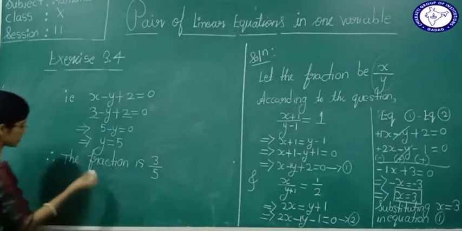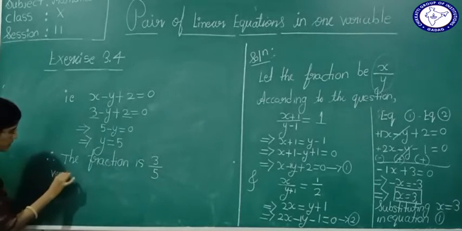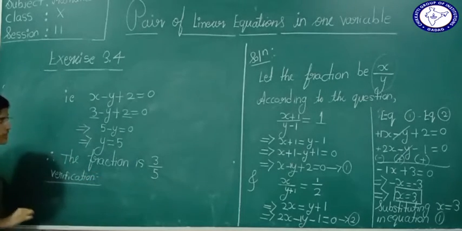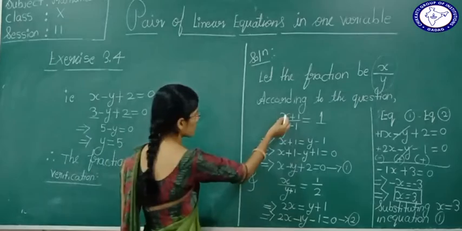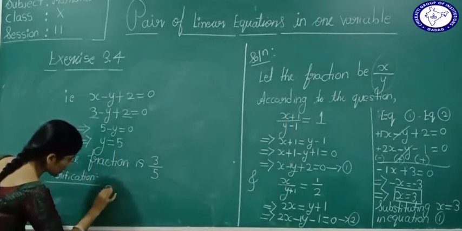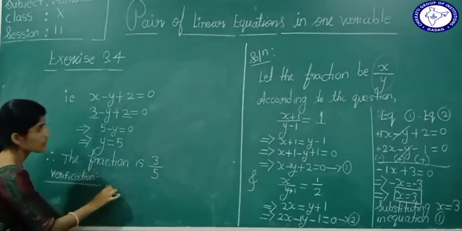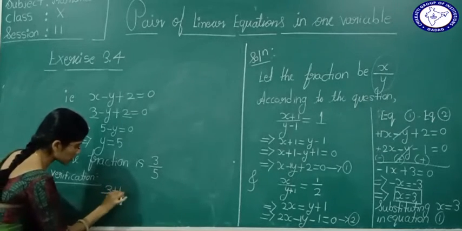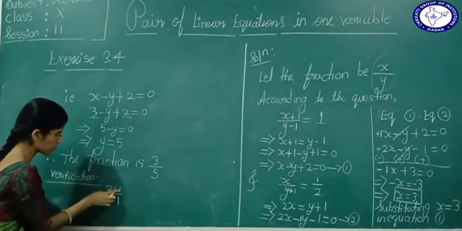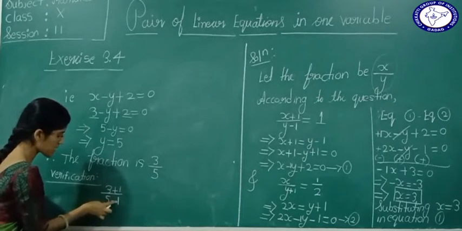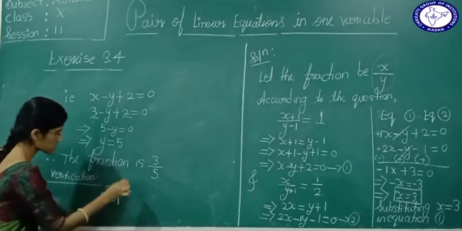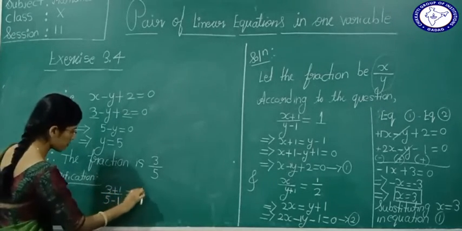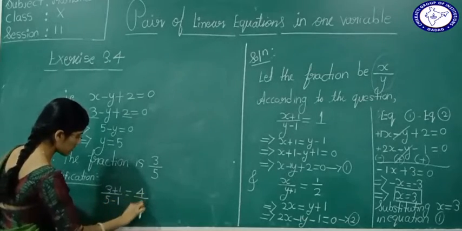So I will do the verification now. Now see what they told. This is the fraction we got, 3 by 5. If we add 1 to the numerator and subtract 1 from the denominator, this fraction will reduce to 1. Here 3 plus 1 is 4, 5 minus 1 is 4.